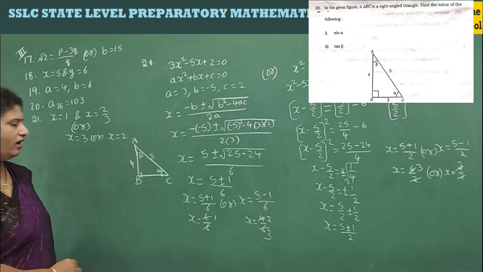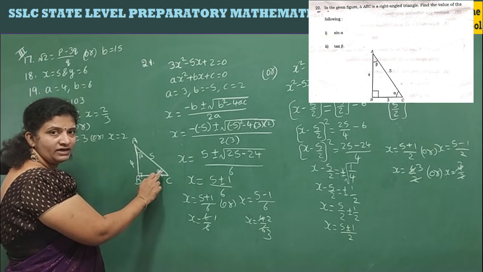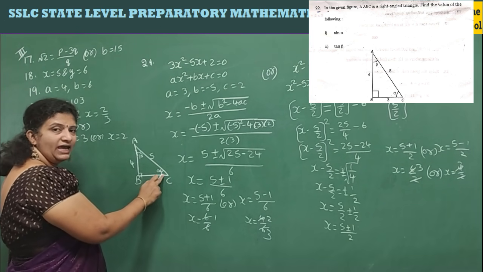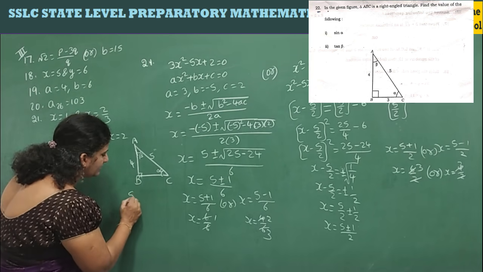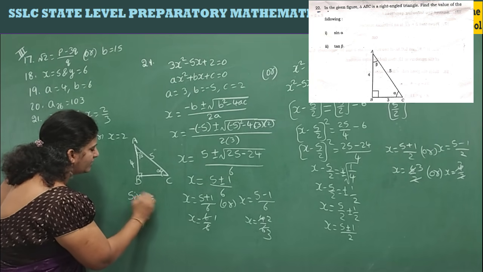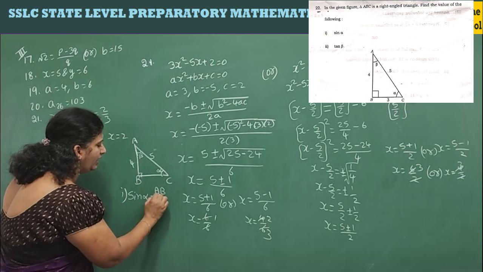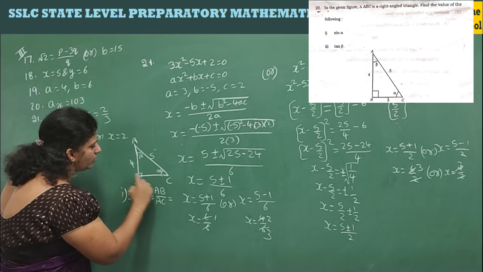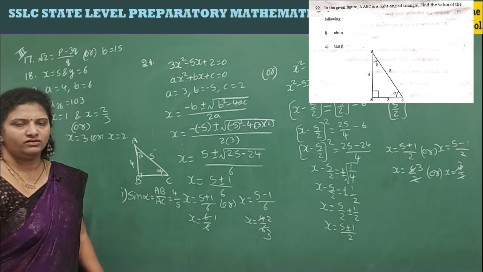Sin alpha. Observe here, we are going to consider the acute angle, this one. Sin ratio is opposite by hypotenuse. That is, sin alpha is equal to opposite AB by hypotenuse AC. What is AB? 4. AC, 5, right?